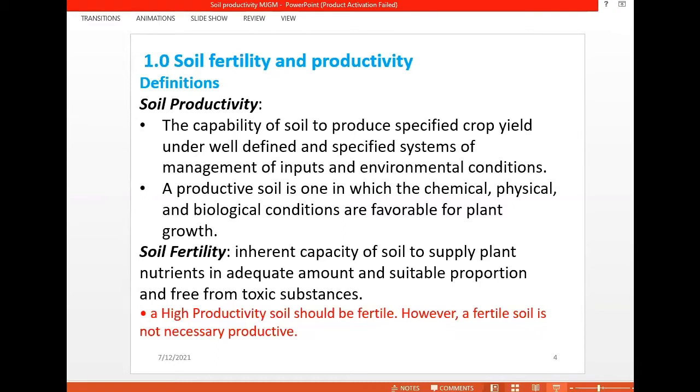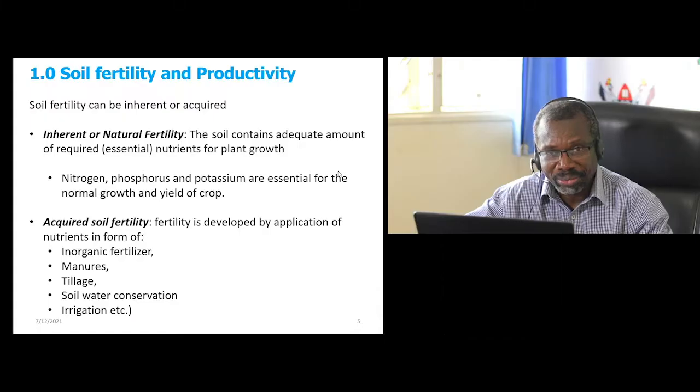But generally, a fertile soil may not always be highly productive because of environmental conditions, either diseases or supply of water.